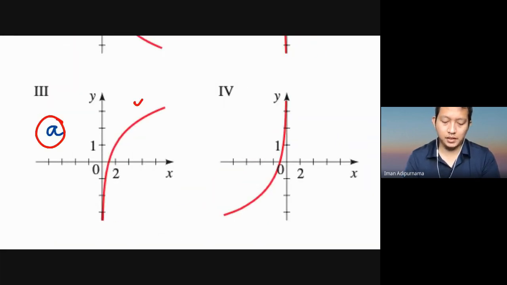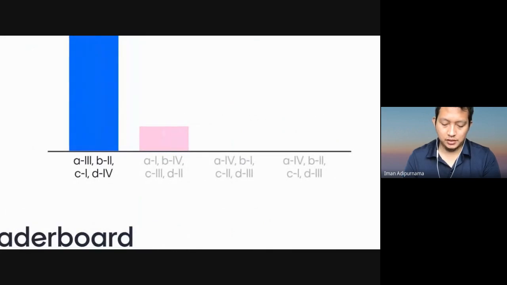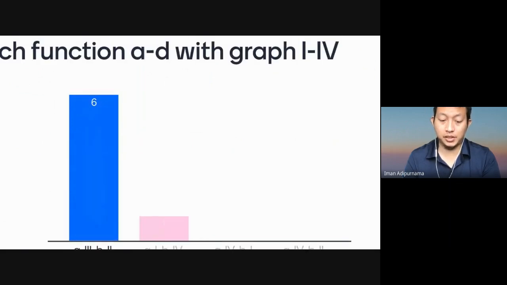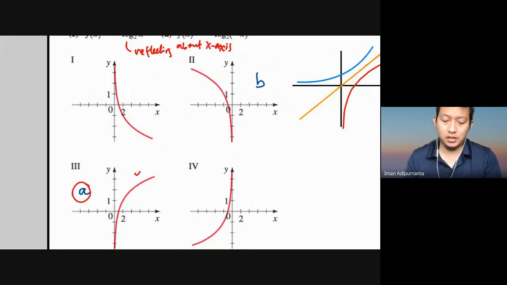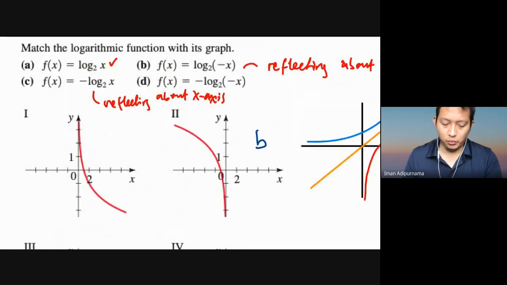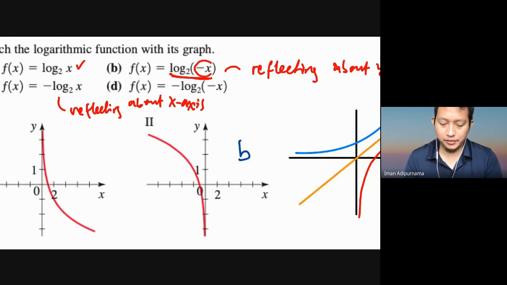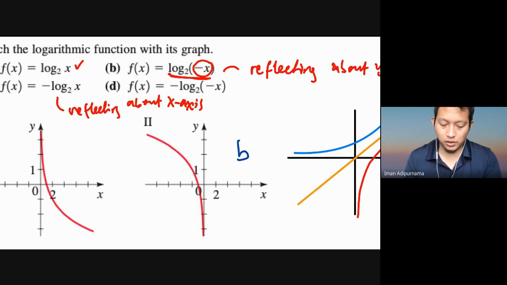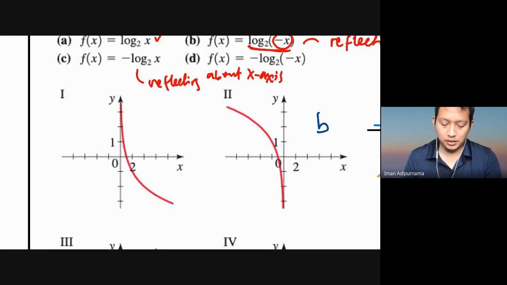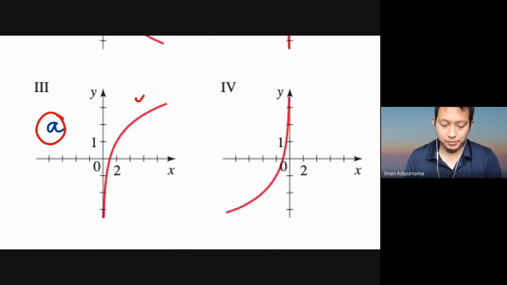And because I made the options different at a, it should be obvious that it is the answer. But if you want to make sure, we confirm the other graphs as well. For example, this b, because it's negative x, not negative of y, we are going to reflect about the y-axis, correct? And this one should be reflecting about the x-axis from the basic one here.